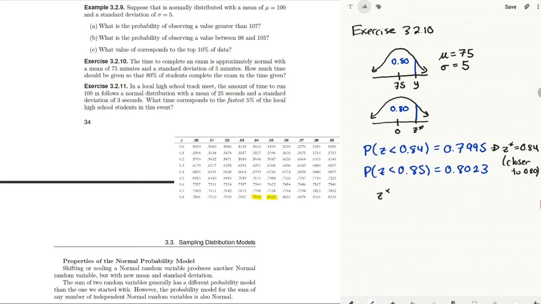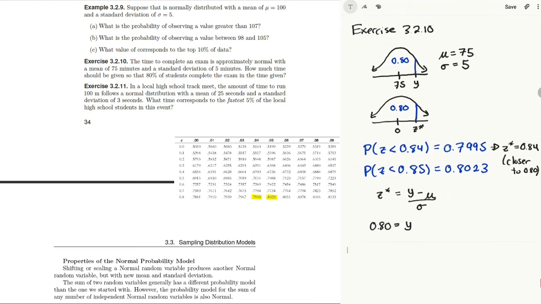And now that we have our z-score, we can use our z-score formula to determine the value of y. So our z-score is 0.84. Y is what we're looking for. The mean is 75, and the standard deviation is 5.